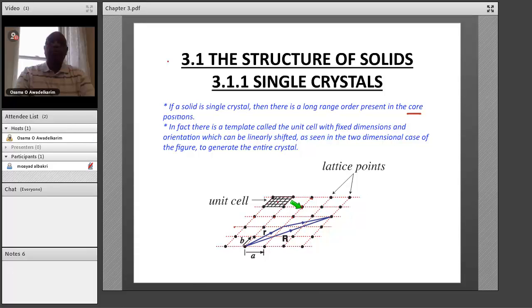We can also locate each lattice point by simply choosing an origin and then drawing 3 axes to define a 3-dimensional space. Now again, here I have a 2-dimensional space, so I'm defining a unit vector or a unit dimension in one direction, which I'm calling A, and then another unit direction, which I'm calling B. This is the 2-dimensional case.